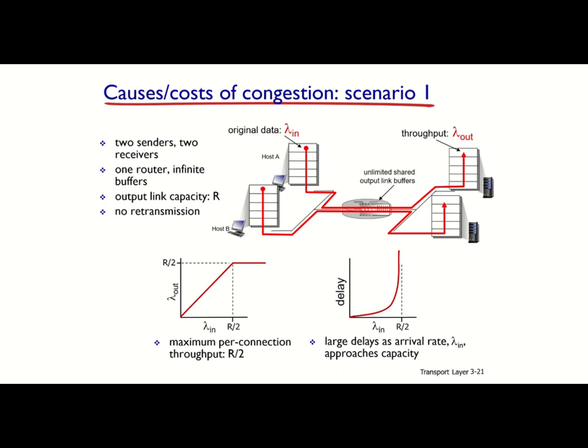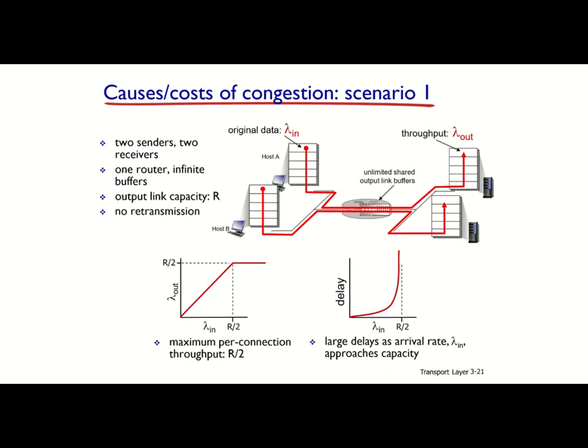Also, we have two variables. One is lambda in, which shows the rate of incoming data flow to the router, and we have lambda out, which is the rate of outgoing data flow. So in this scenario, you can consider lambda in as the rate that original data is sent, and lambda out as the throughput that these receiving sides will experience.